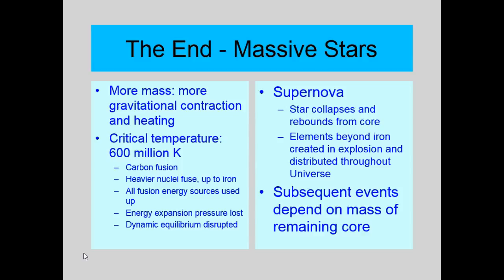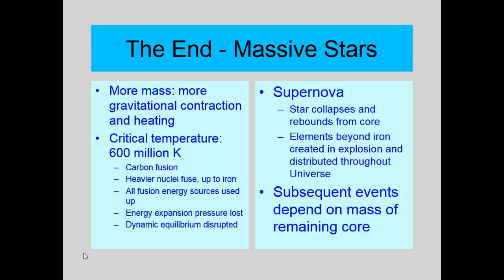So now you've had even higher temperatures when you've got gravitational collapse, contraction, and heating, when you've got more and more mass there, and you have carbon fusing to the heavier nuclei, and now the energy for expansion pressure is lost, so the dynamic equilibrium is disrupted, and now the whole thing, this is really, really massive, collapses on itself. I mean, it's a huge collapse now.